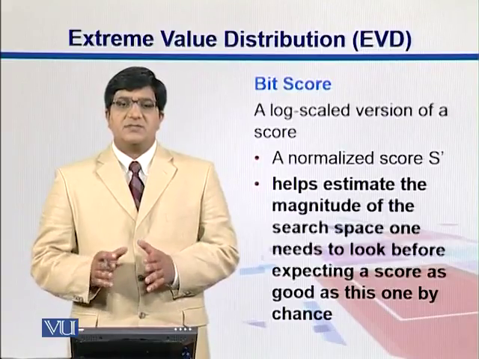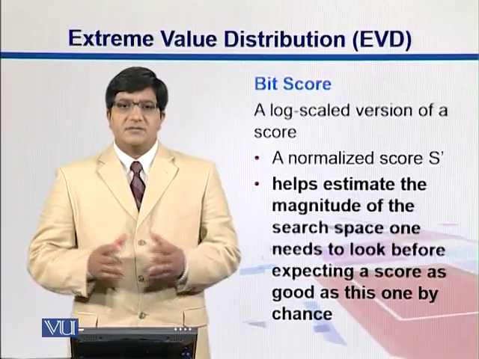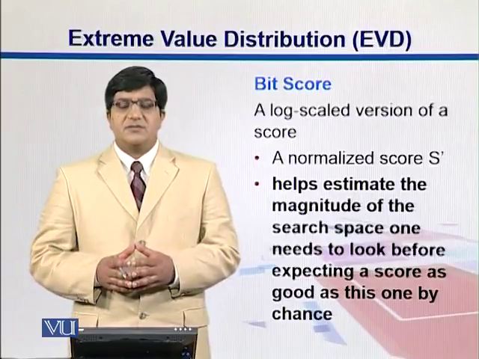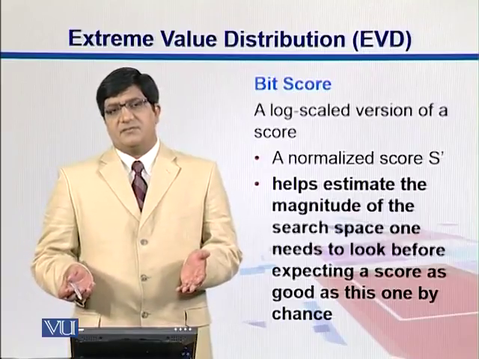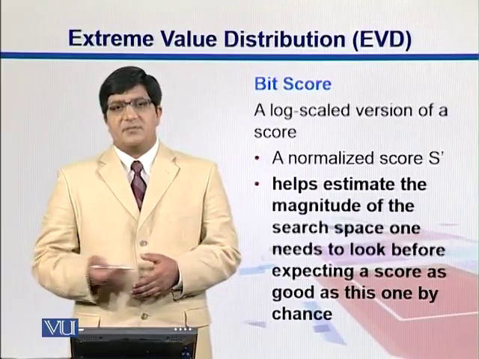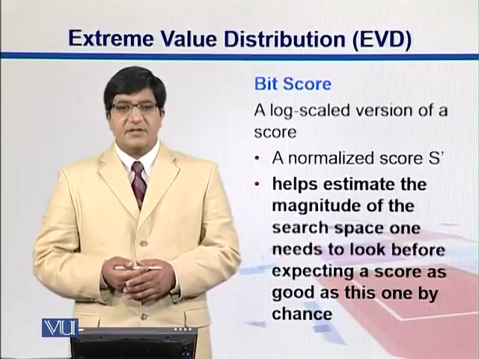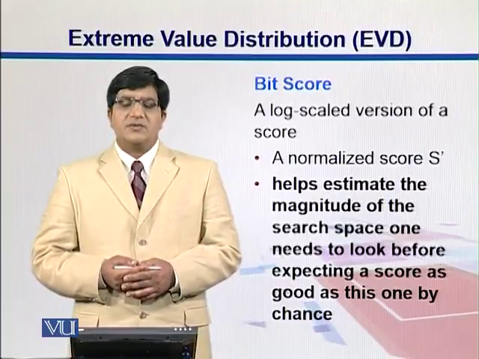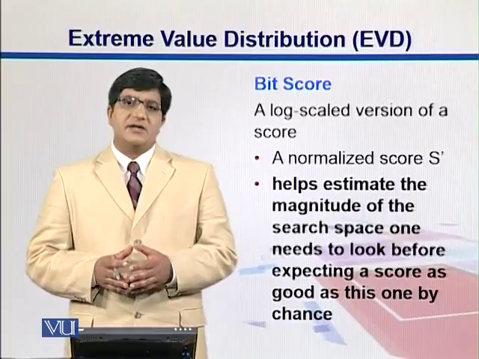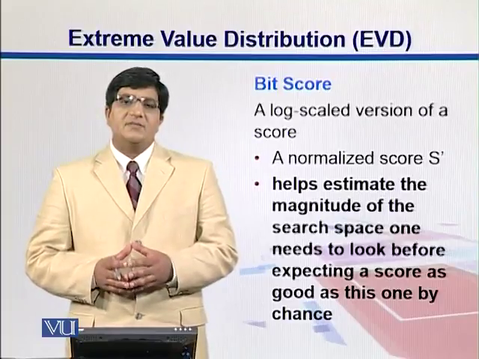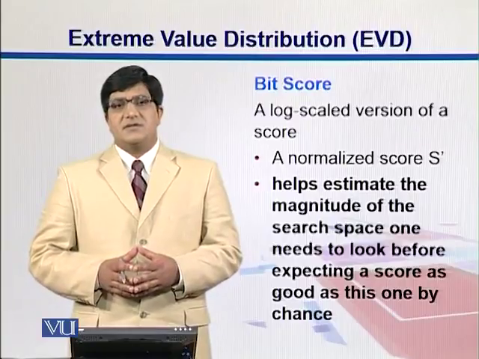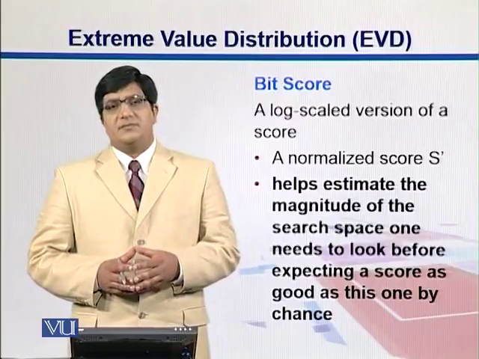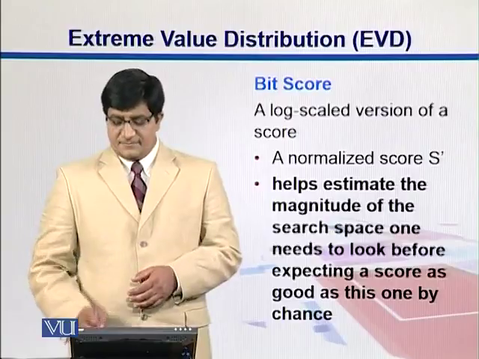That is, how much of the database, or how many sequences, we need to look at to assess that this happened by chance. Said the other way around, it tells you that you need to see this many possible sequences if you want to predict it as a chance event.